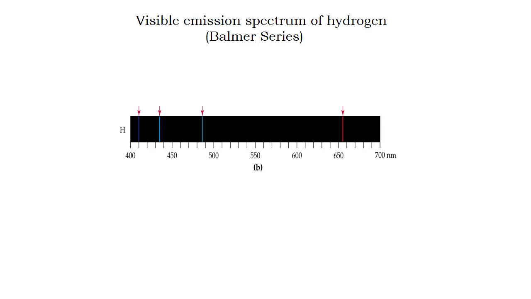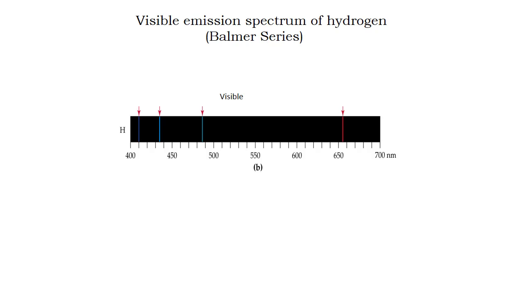So this is a picture of the visible emission spectrum of hydrogen that we've already looked at a little bit, and you can see there are clearly 4 visible lines. There's a violet one, kind of a bluish one, sort of a teal colored line, and a red line. Now this is not the entire emission spectrum of hydrogen, this is just the visible region.